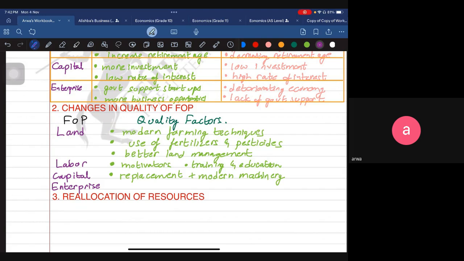If it's an organized workforce, and then maybe the way that it's managed, for example the leadership style, that can also affect the quality, because the enterprise itself is going to affect all the other factors of production.